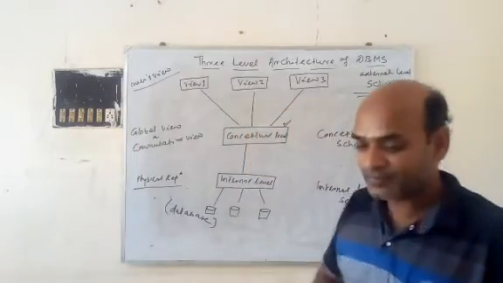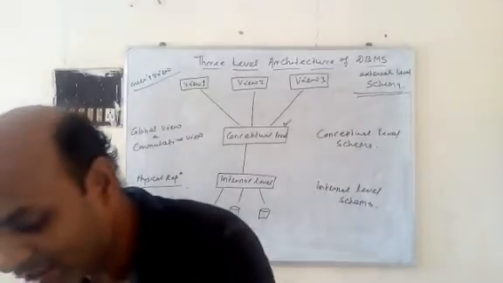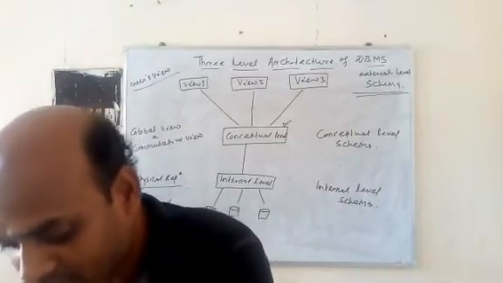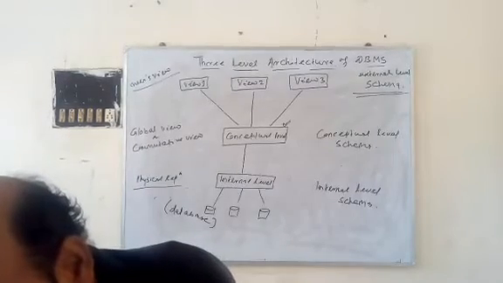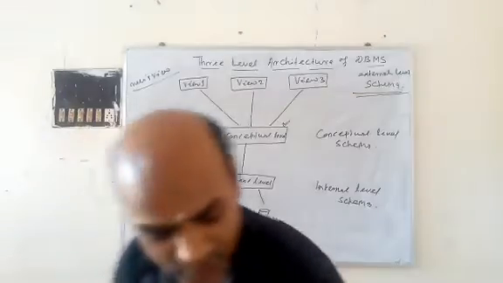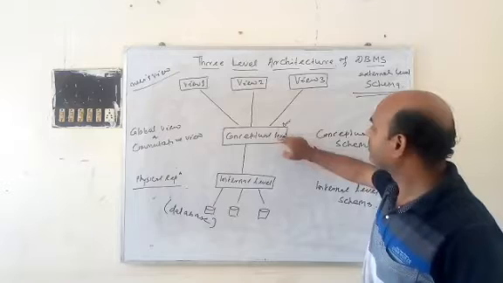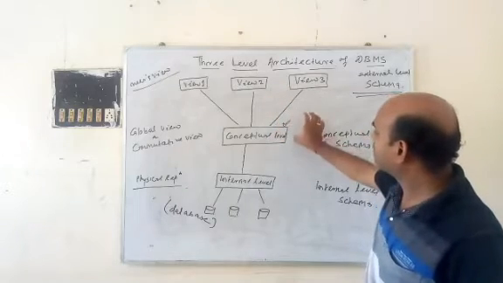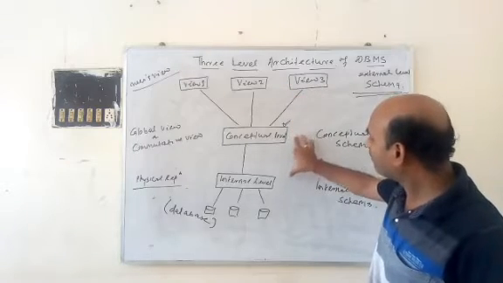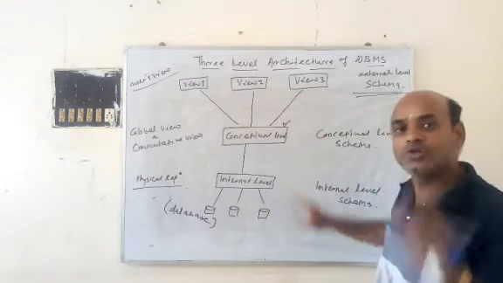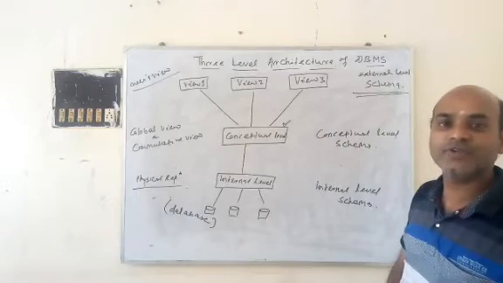Here you see how these records, these values, these items will be accessed by different users. So there is a mapping. There are two mappings: one is the conceptual level with the external level, and the other is the conceptual level to the internal level. So we have two mappings in this three-level architecture of the database management system.